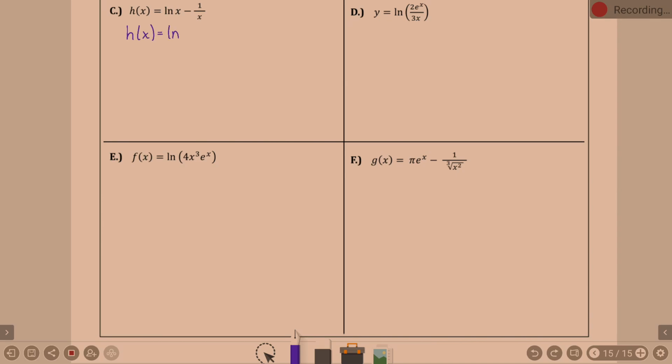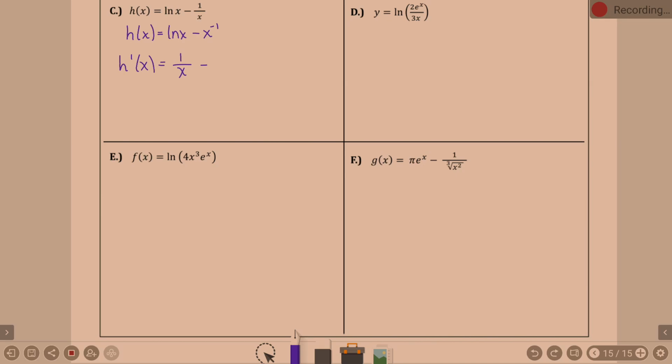And realize that this is x to the negative first. So are we pulling back the power rule from the beginning of the lesson? That's basically what we're doing here. So, derivative, h prime of x. What is the derivative of natural log of x? 1 over x. What's the derivative of minus x to the negative first?